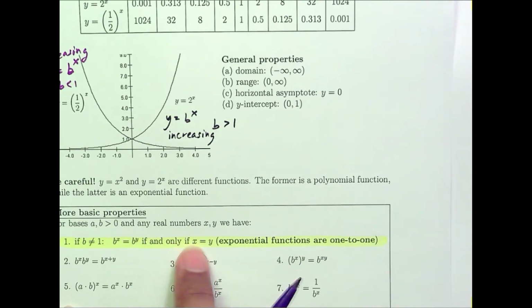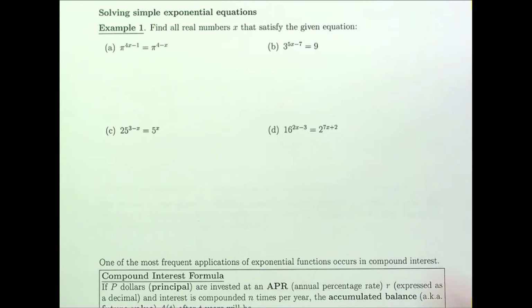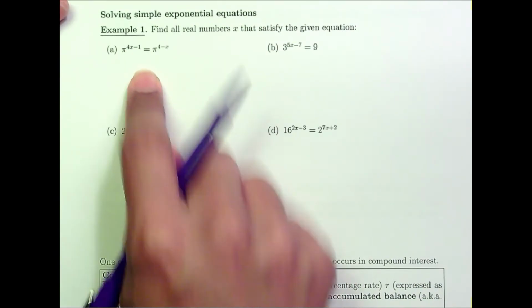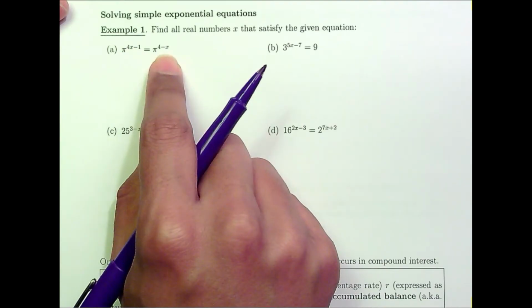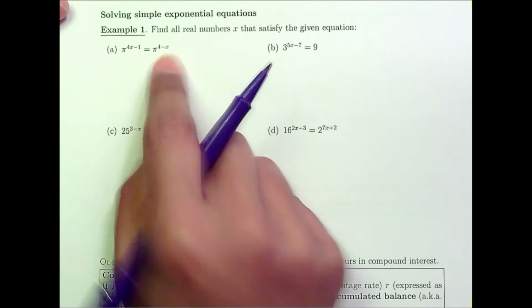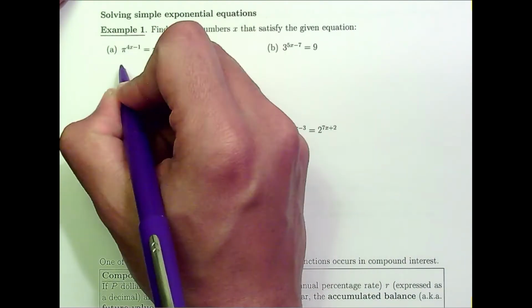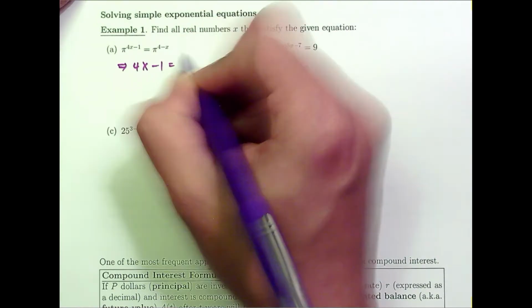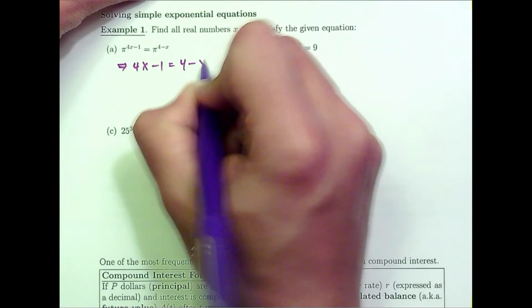That means those two exponents must be the same. They must be equal. So right here, applying that property, pi to the something equals pi to the something else, these two exponents have to be the same because the base is the same. So what that means is that 4x minus 1 has to be equal to 4 minus x.